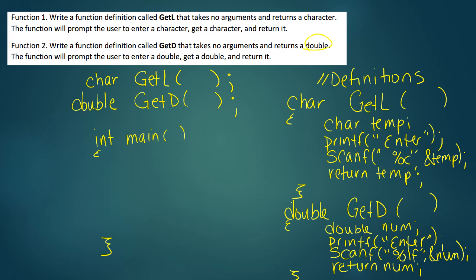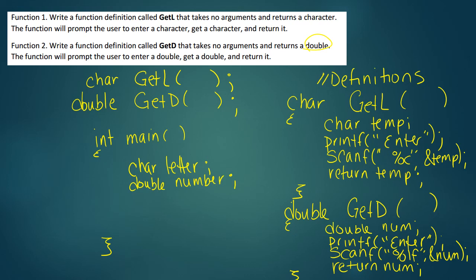Of course, if you were on a piece of paper, the definitions would go below the main function. And now I need to declare a character, char letter, and declare a double. And make the function calls.